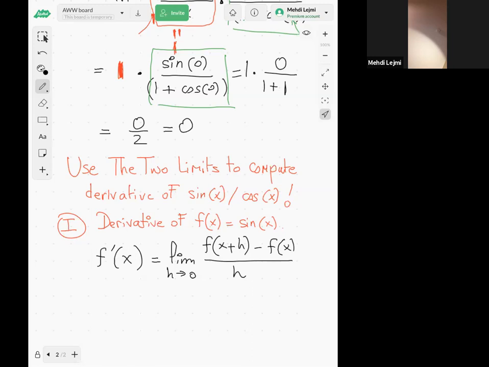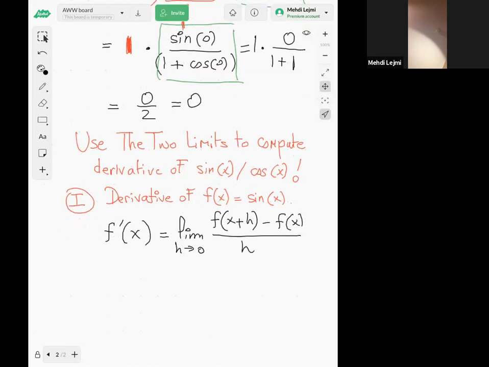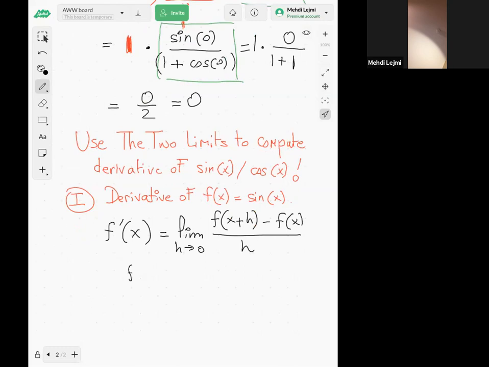Now, my function f is sine of x, right? So I want to compute f prime of x, the derivative of sine. So my f of x is sine of x. To compute this limit, I need f of x plus h.